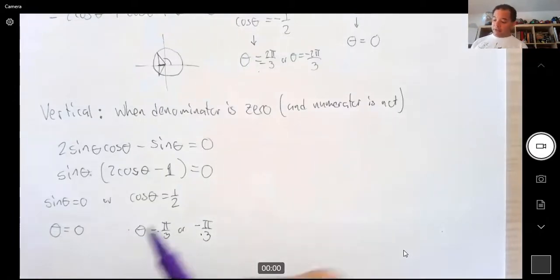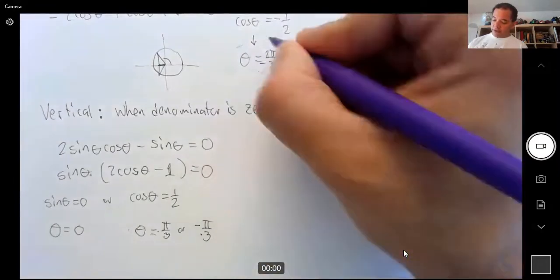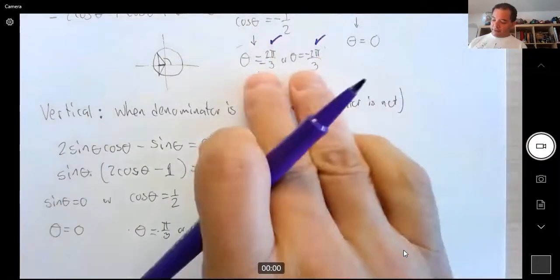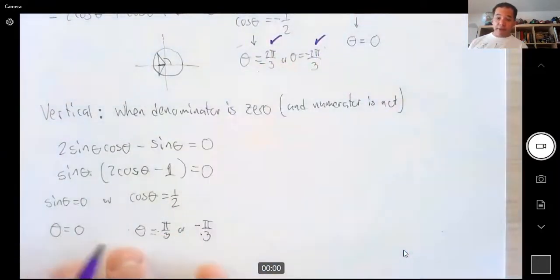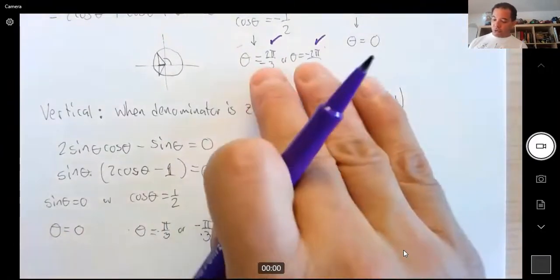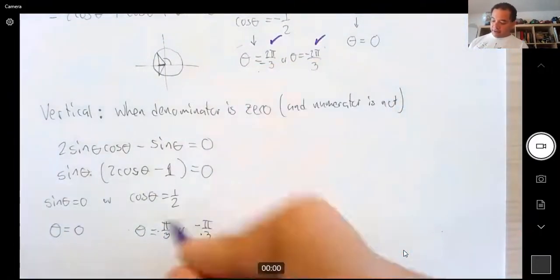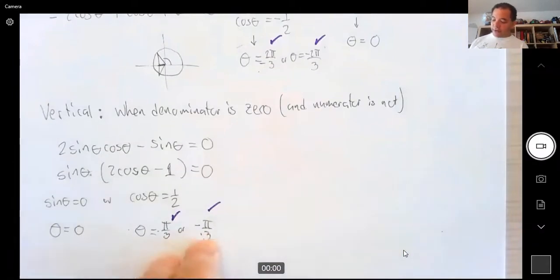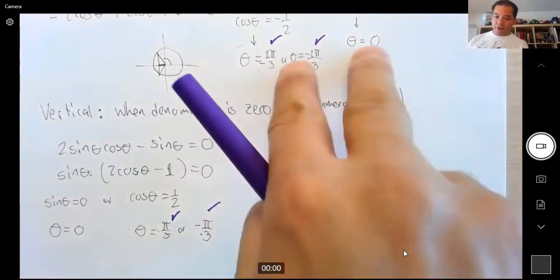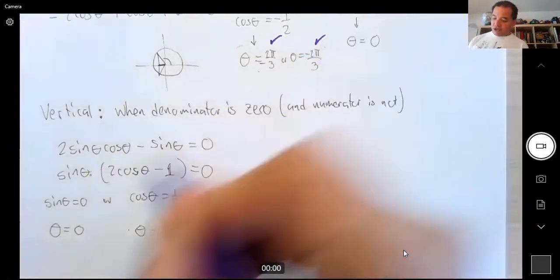The only problem is 0. These ones work, because they appear in this list but don't appear on this one. So these for sure give you a slope of 0. And these also work. These for sure are undefined because you get 0 in the denominator but not 0 in the numerator.